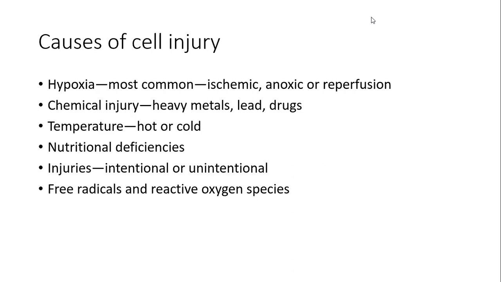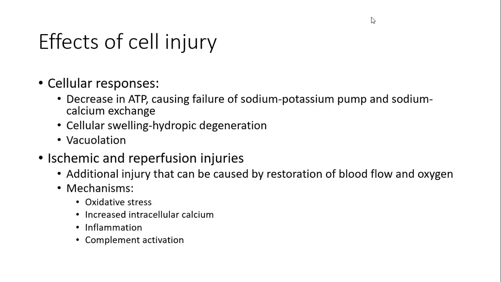Injuries, intentional or unintentional, and free radicals and reactive oxygen species, which are byproducts of oxidation. As you may remember, oxidative phosphorylation and how it forms ATP. So reactive oxygen species are a byproduct of that. However, hypoxia is the most common. So there's ischemic injury from that, anoxic or reperfusion injury, 3 different types.